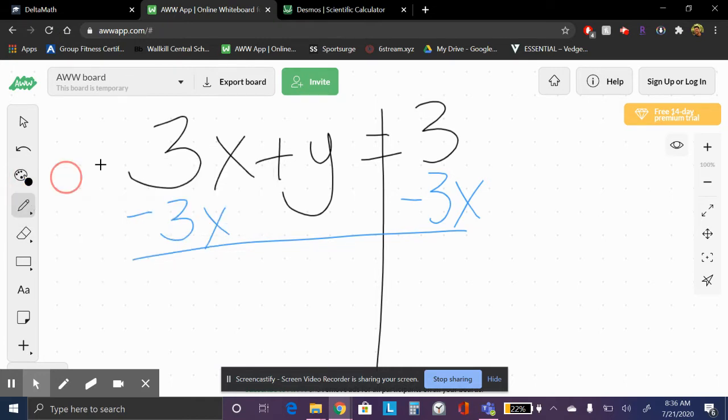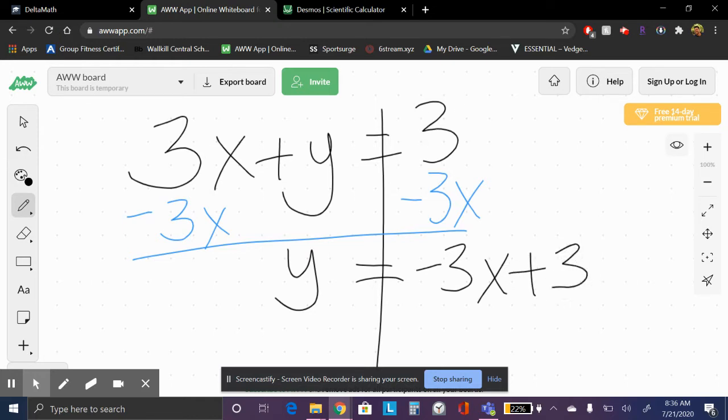And then you're left with y equals 3 minus 3x, but I like to put the x term first because that would be mx plus b. So instead of writing 3 minus 3x, you would write negative 3x plus 3. And that would be my equation in slope-intercept form.